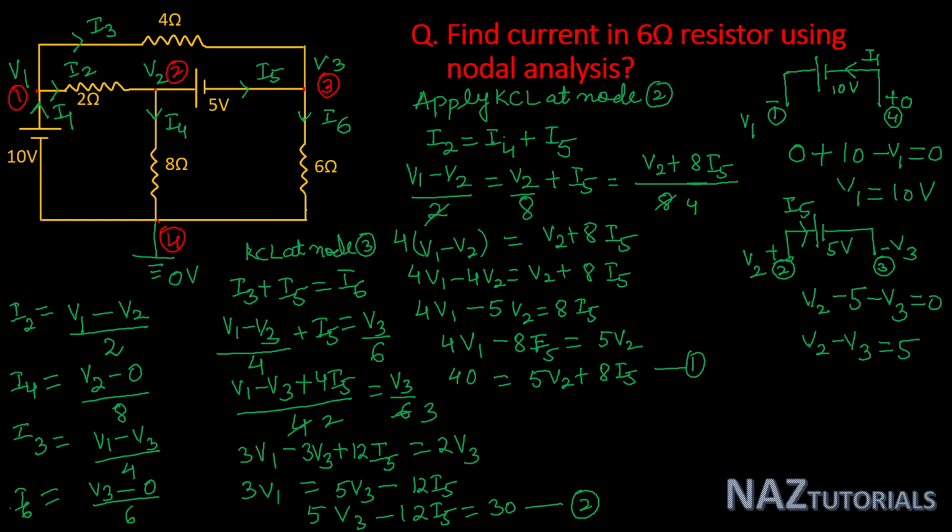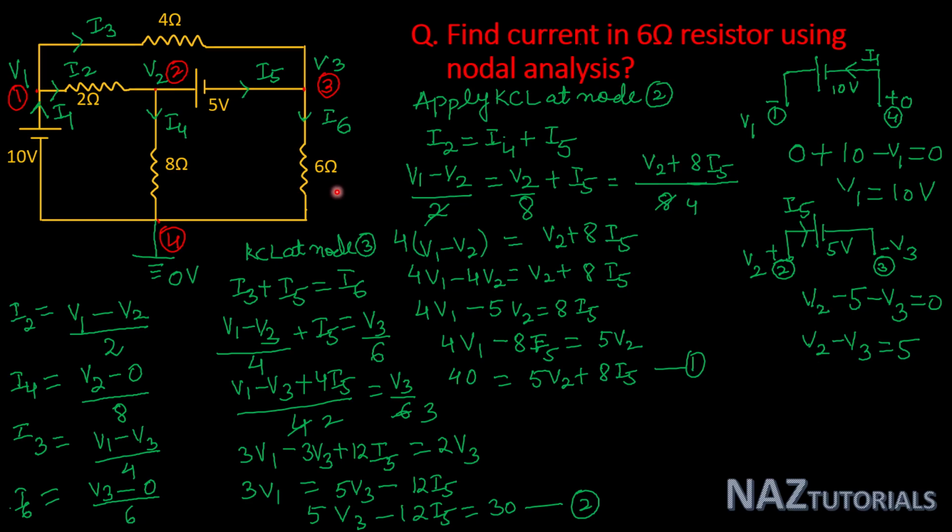So our first equation is 5V2 plus 8I5 is equal to 40, and the second equation is 5V3 minus 12I5 is equal to 30. So here we will calculate V3.